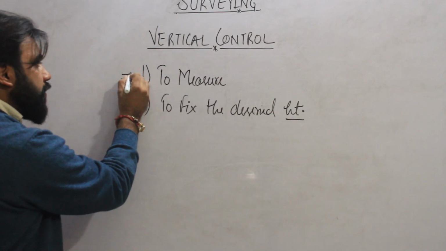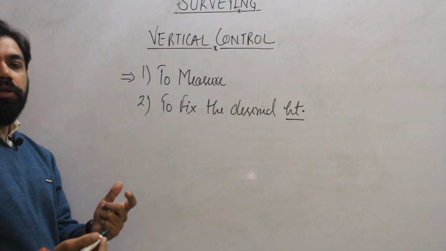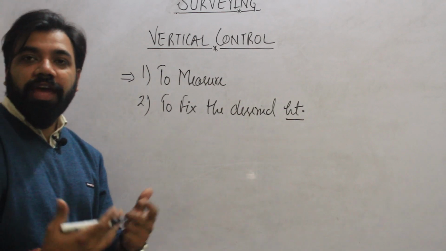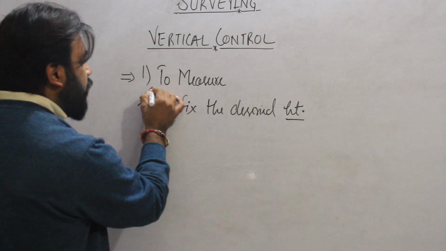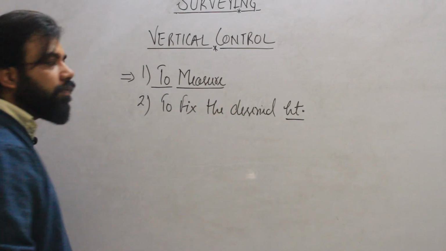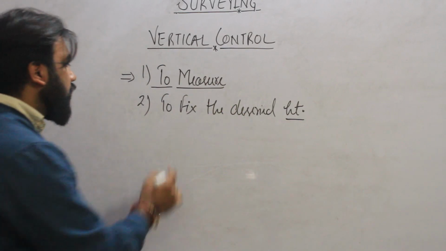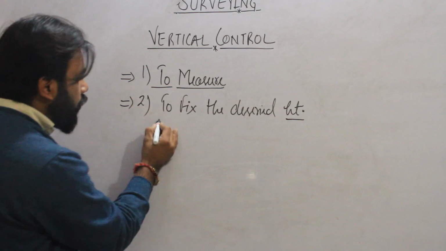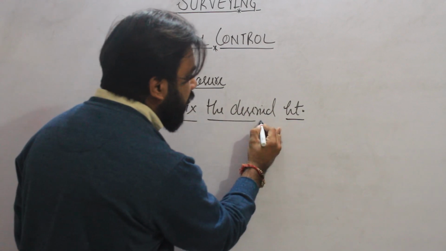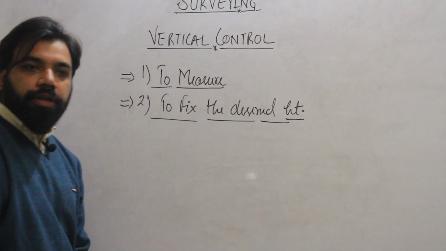First is to measure. What to measure? The elevation of any point. So we will establish it with the help of vertical control. Second is to fix the desired height of a point.